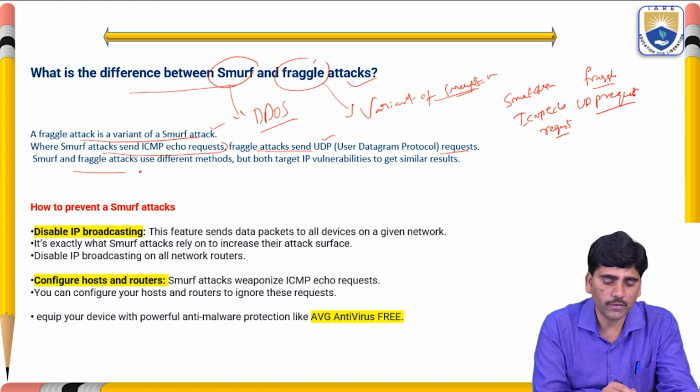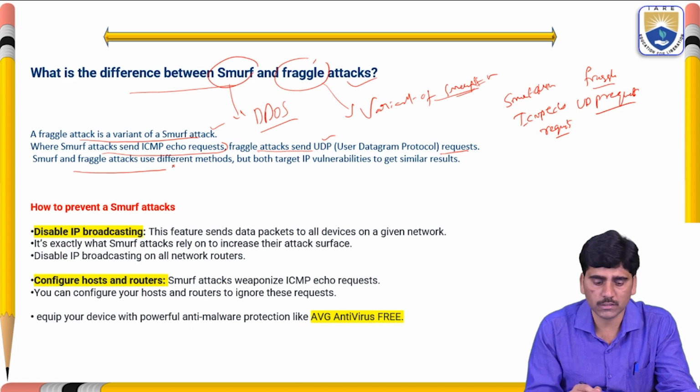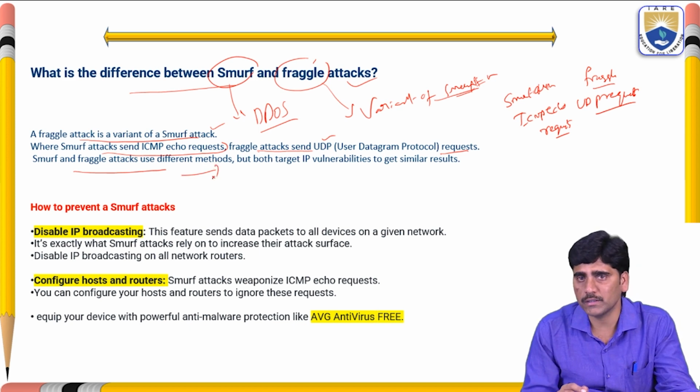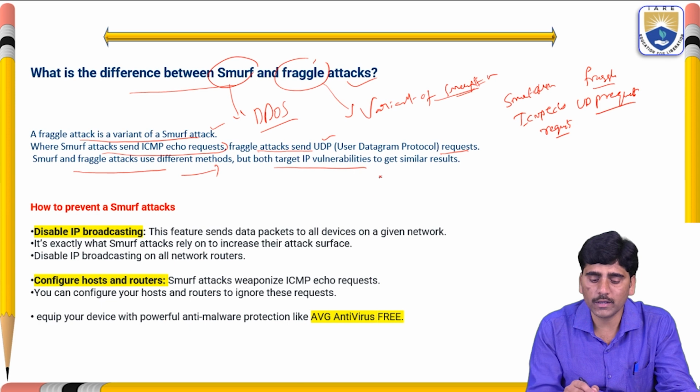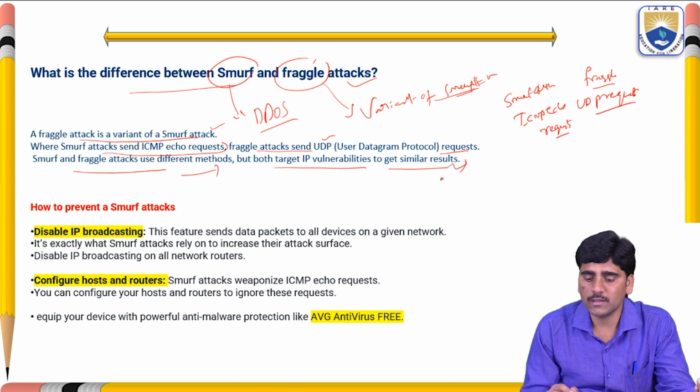So Smurf and Fraggle attacks use different attacking methods, but both target IP vulnerabilities to get a similar result. Even with different scanning techniques and different methods, they will get a similar result.